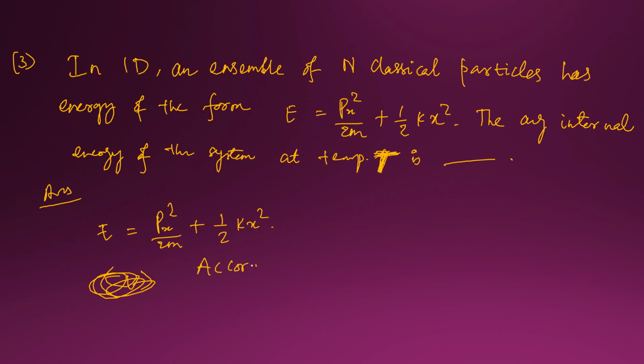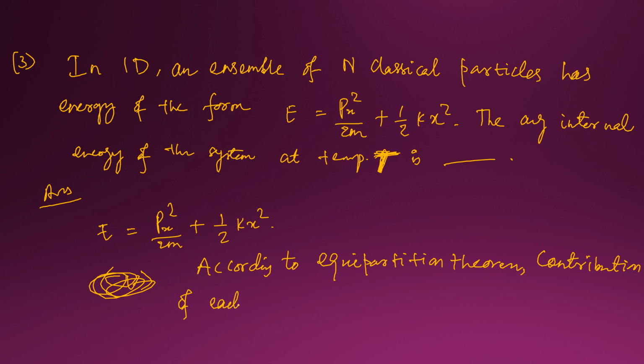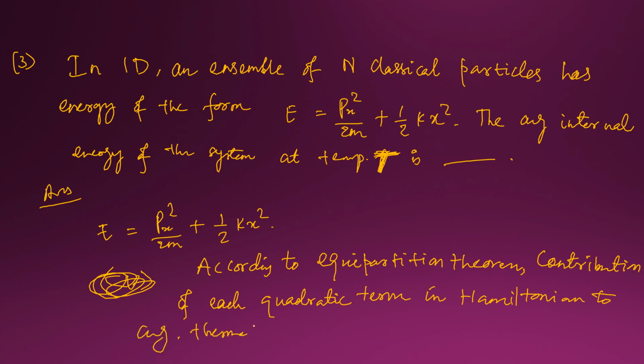According to the equipartition theorem, the contribution of each quadratic term in the Hamiltonian to the average thermal energy is half kBT.